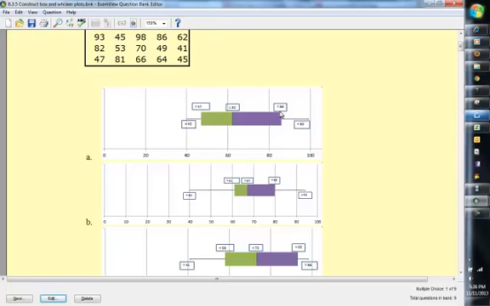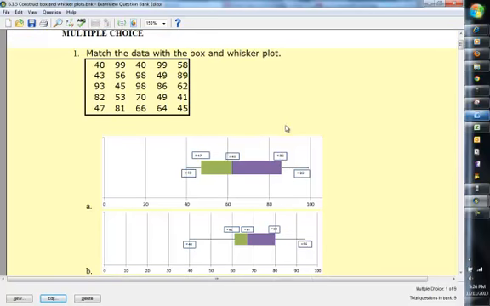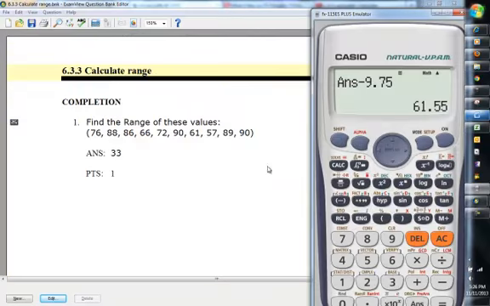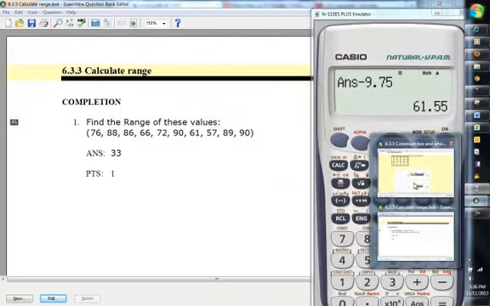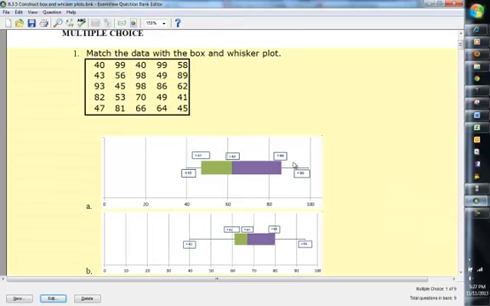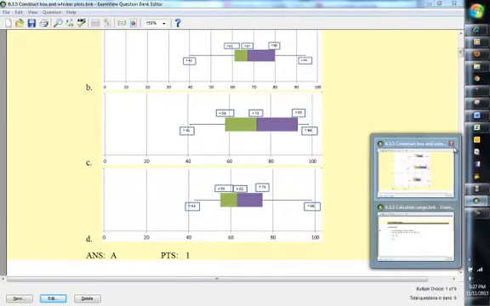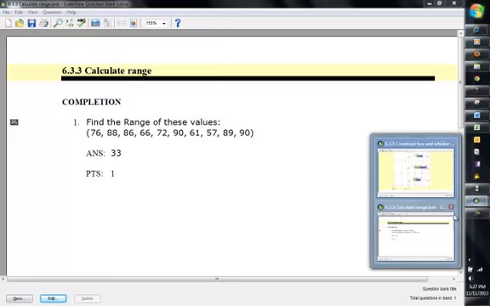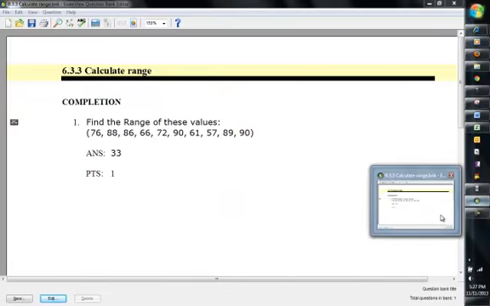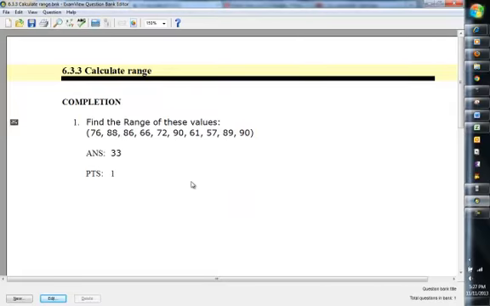It says approximately 86. That's how we would calculate our box and whisker plot.